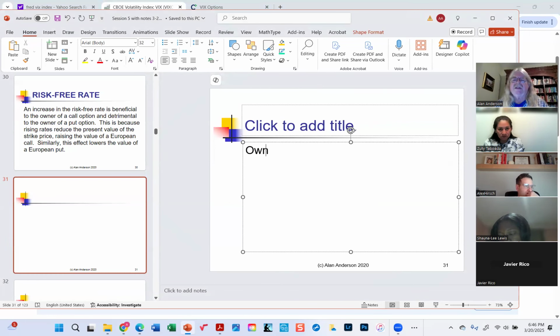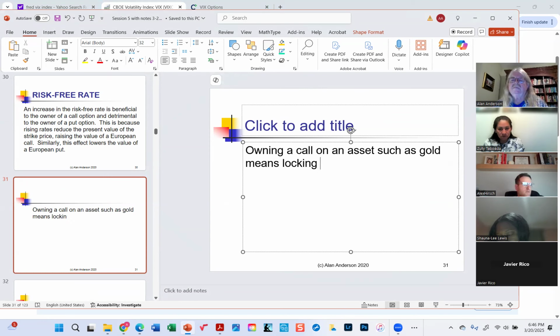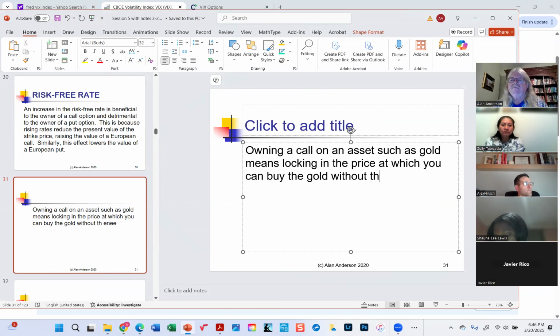Owning a call on an asset, such as gold, means locking in the price at which you can buy the gold without the need to actually own it. Notice, when you buy a call on gold, you have the right to buy it in the future at a fixed price, but you don't actually need to buy it right now.